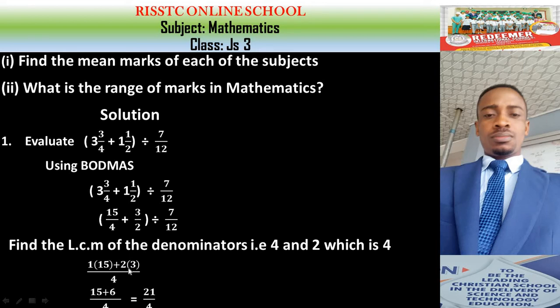Open a bracket. What you have at the numerator of 2, which is 3, comes in the bracket, and close the bracket. The next step is we open this bracket, we multiply 1 times 15, we have 15, plus 2 times 3, we have 6, all over 4. 15 plus 6 will give us 21 over 4.